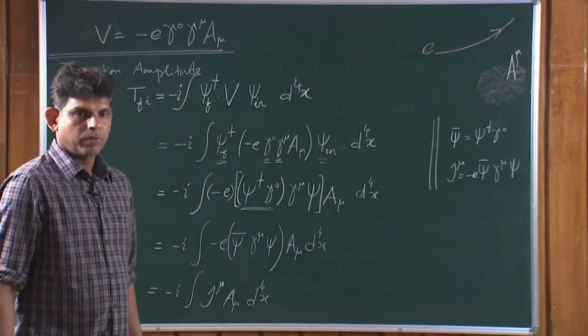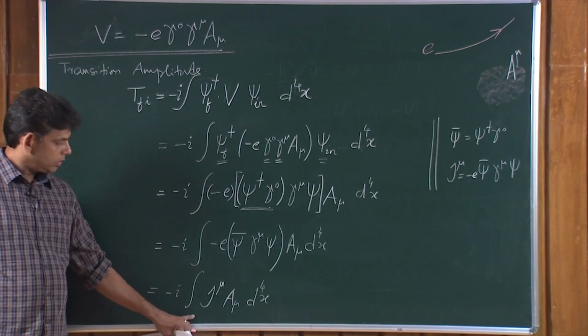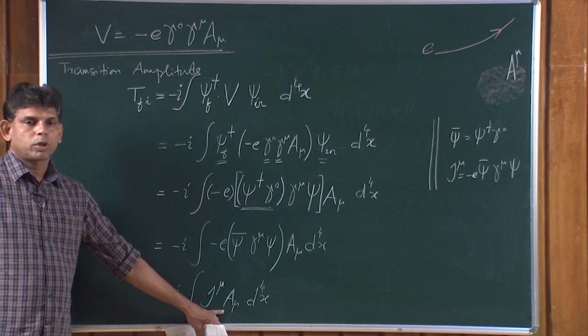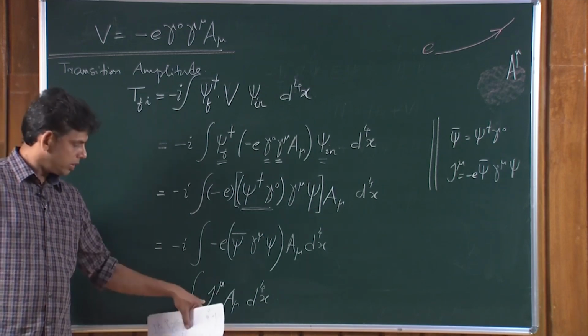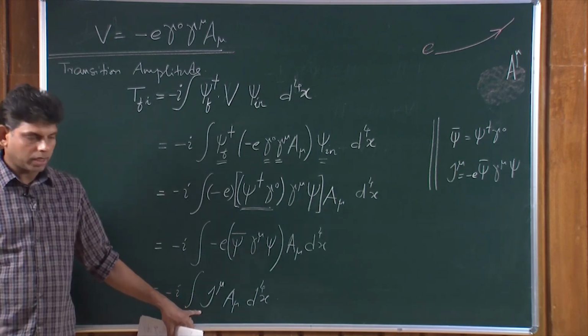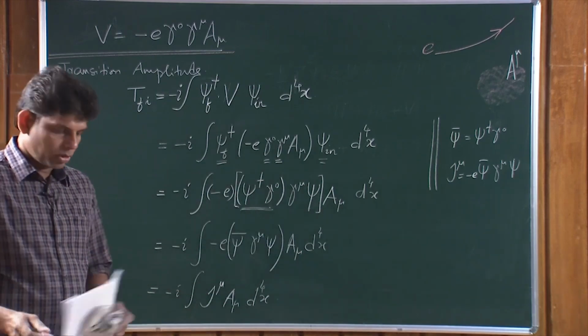So, we have the transition amplitude written in terms of the vector current and the 4 vector potential representing the electromagnetic field. The electron is represented by the electron current, and this is the electromagnetic field, and the transition amplitude is given by this.